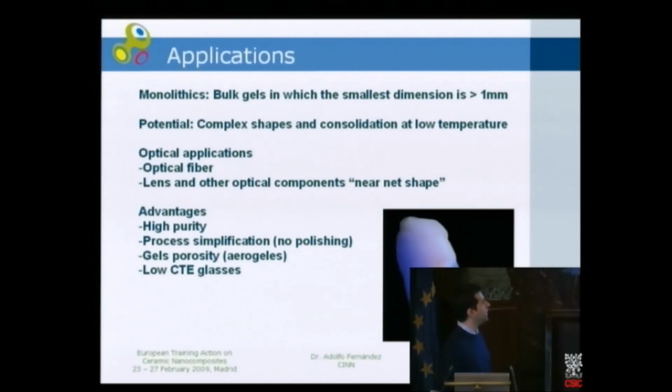And another advantage is the obtention of products near net shape. This leads to a process simplification, because sometimes polishing is not necessary. The main advantage, as always in the sol-gel process, is the obtention of high purity products, and in the case that it's necessary, the obtention of porous gels and low CTE glasses.